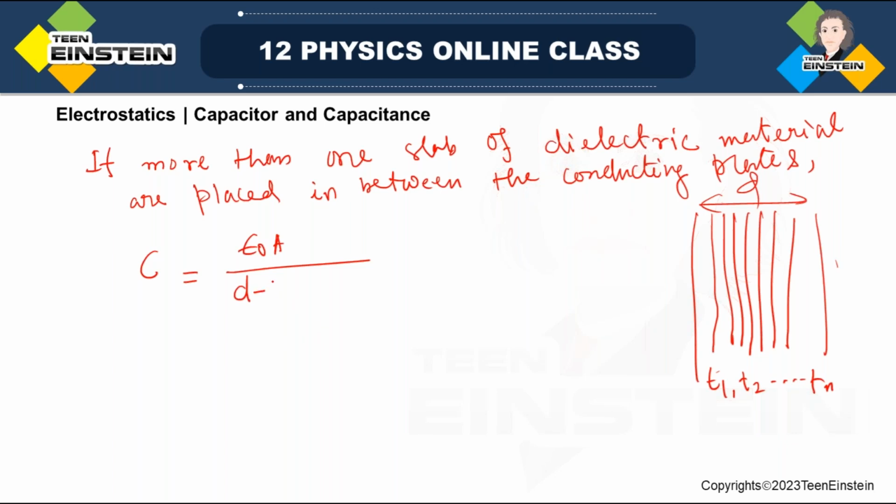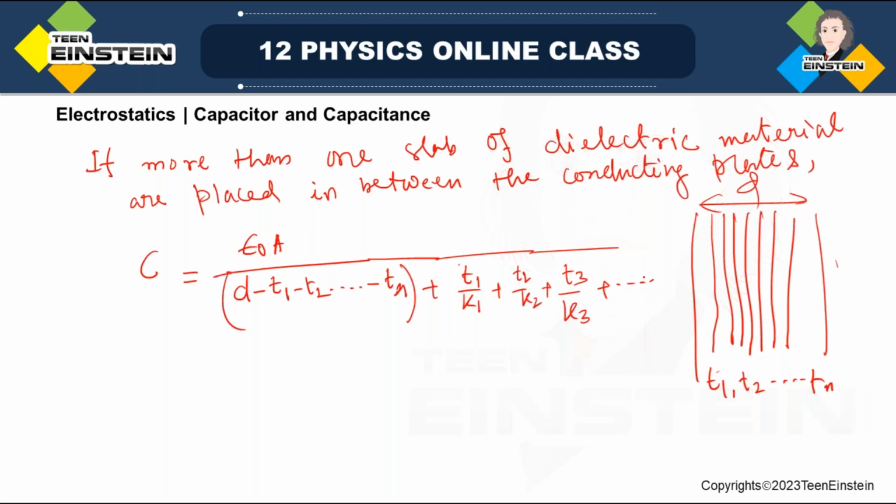Then here it will be D minus T1 minus T2 minus Tn, and again plus T1 by K1 plus T2 by K2 plus T3 by K3 and so on. So this is the formula for more than one dielectric slab.